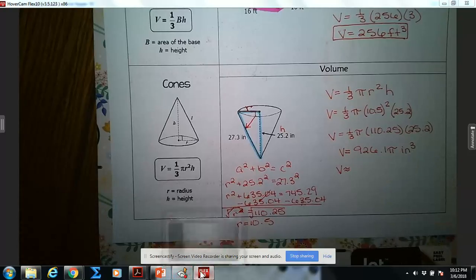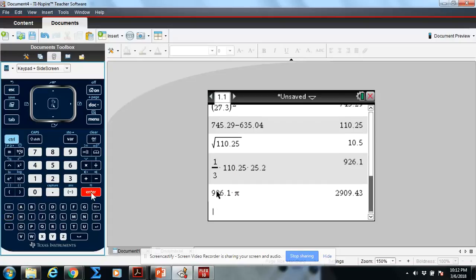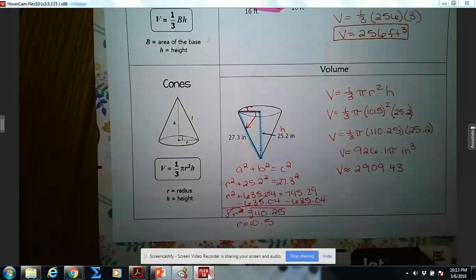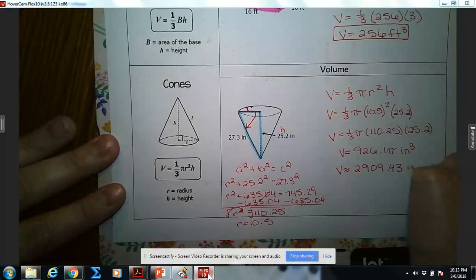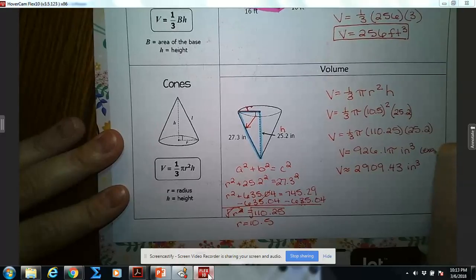And for the rounded answer, I'm just going to take that 926.1 and multiply it by pi, for a total of 2,909.43. 2,909.43 is our rounded value. Exact value, rounded value.